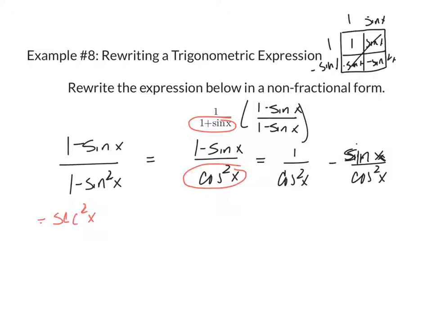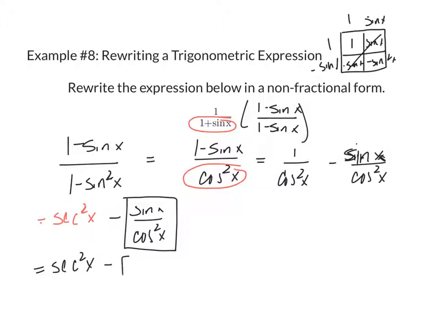Anyways, so we have minus sine x over cosine squared x. And again, what we want to do with this fraction alone is split it. So this is still secant squared x minus sine x over cosine x, because I can split that denominator, and it's being multiplied by 1 over cosine x.